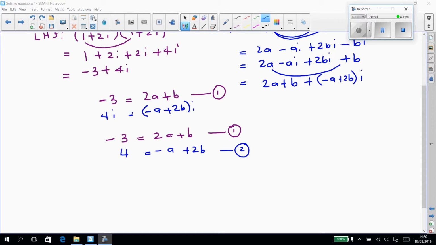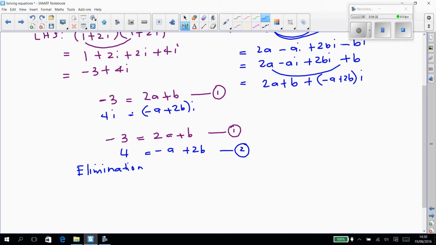When solving equations simultaneously, we can either use the elimination method or the substitution method. I'm going to do both, but I'm going to start with the elimination method. With the elimination method, we need to eliminate one of the variables, either a or b.